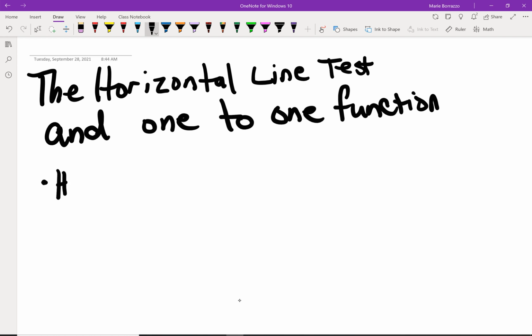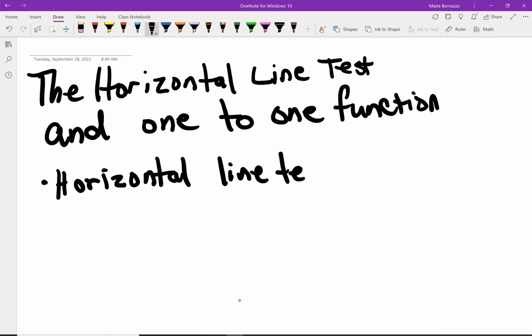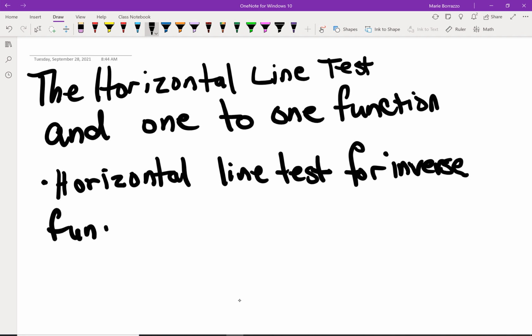It says a function has an inverse, that is f to the power of -1, if there is no horizontal line that intersects the graph of f at more than one point.